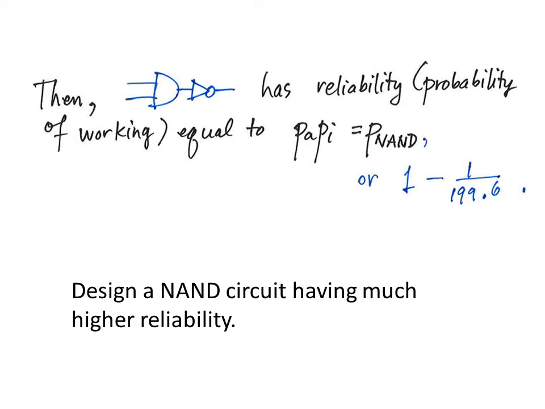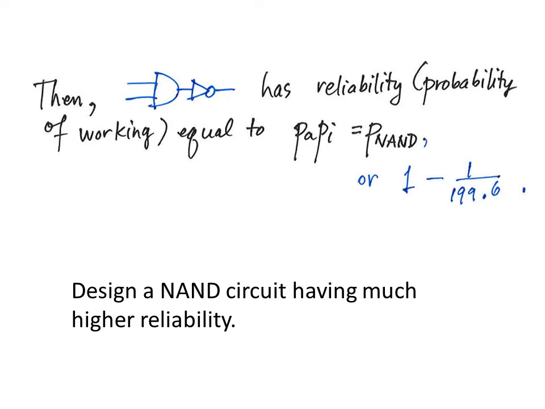The weak link is the inverter. It works with probability 1 over 200. I should say it fails with probability 1 over 200. So taking into account that the AND gate can also fail, this has lowered our reliability slightly, but pretty much close to that of the inverter.